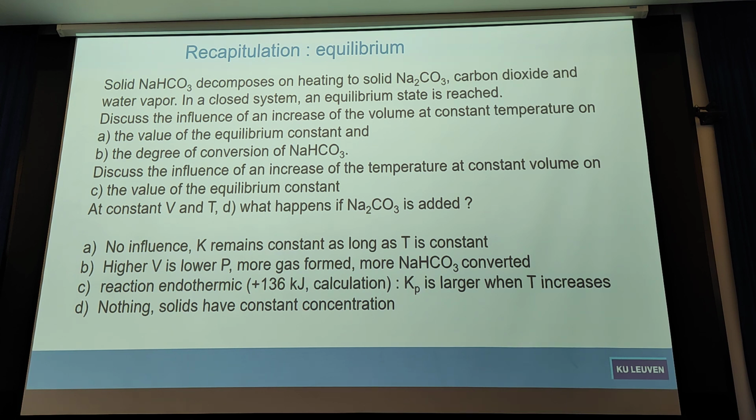So we can calculate that the reaction is endothermic. We can do that from the data in table 4. It's 136 kilojoule, and that's all we need to know. It's a positive value, it's endothermic, so that means if we heat the reaction, it will move to the side of the products. So Kp, in other words, is larger when the temperature increases.